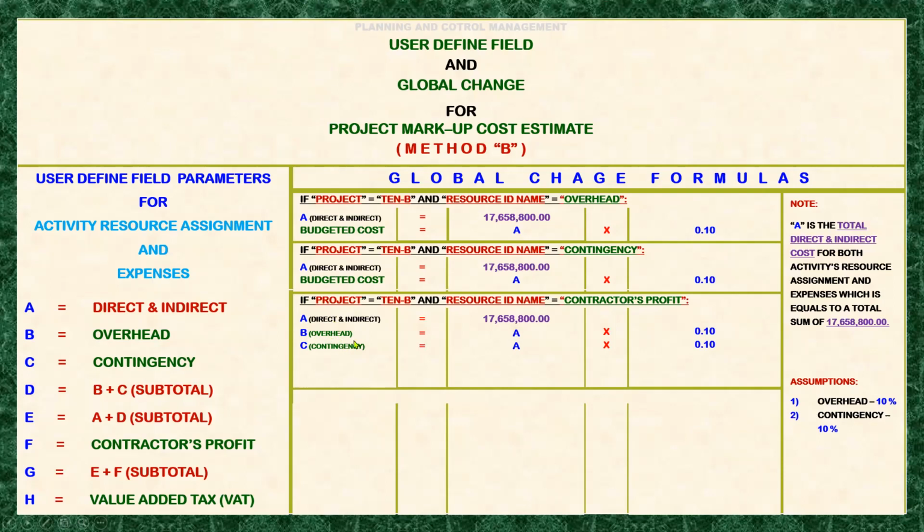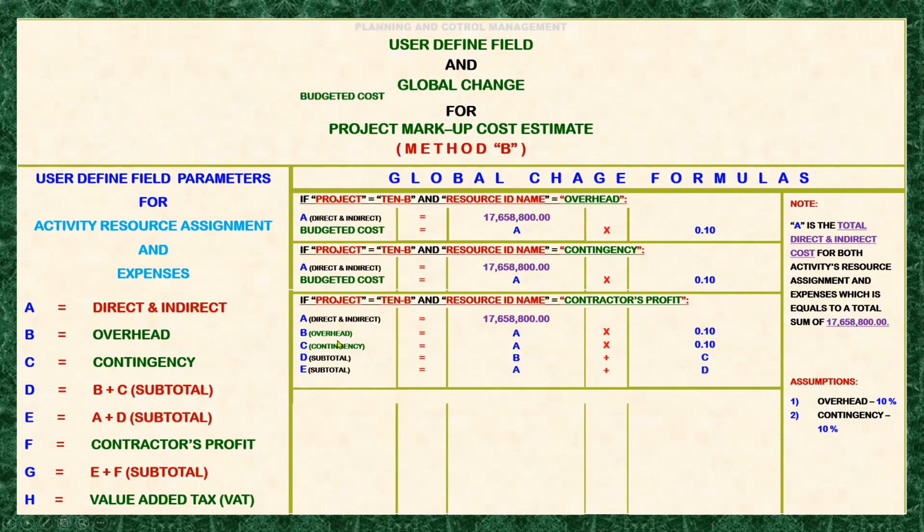And then next, it will be the subtotal. The direct A plus B and C will be the subtotal to be used for the calculation of the contractor's profit. So that means another subtotal will result from this.